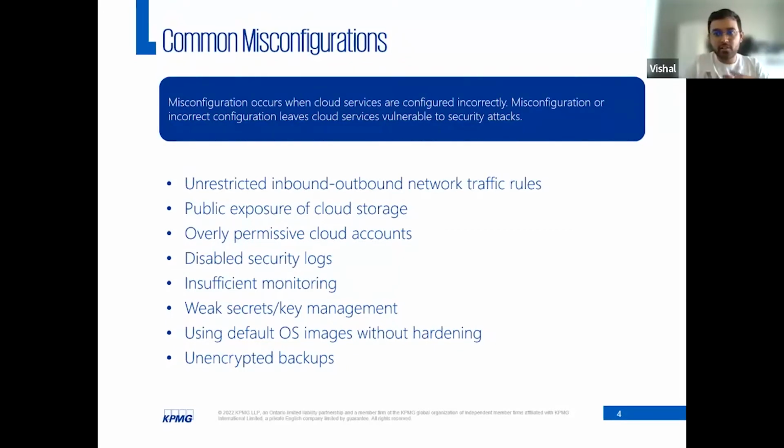Now, the default images may already have some kind of security configurations, but that doesn't mean that it fits your requirement or it fits your size, right? So each image or each environment has a different security requirement. So not hardening those OS images, that is another common cause.